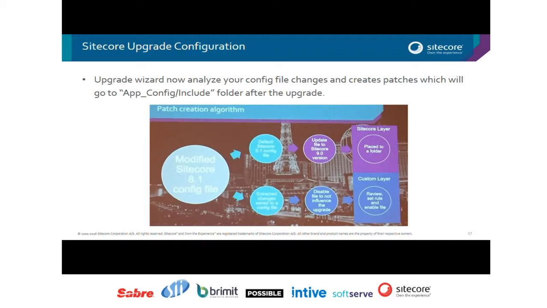So after the migration you can enable those patches back. Yeah, because the whole migration is done in some upgrade mode. So it will disable all the patches, do the upgrade, and then you can either enable the custom ones again, or leave them.